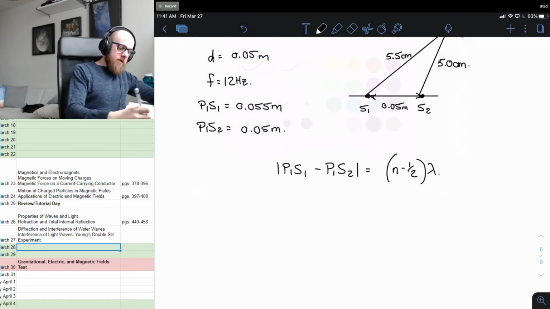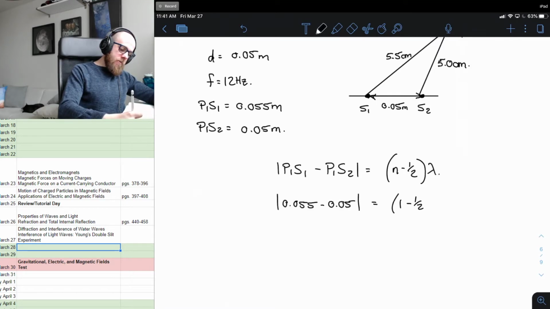So P1S1, that's 0.055 minus 0.05 equals 1 minus a half times lambda. I'm just going to rearrange this for lambda. So the wavelength is 0.055 minus 0.05 over 0.5.